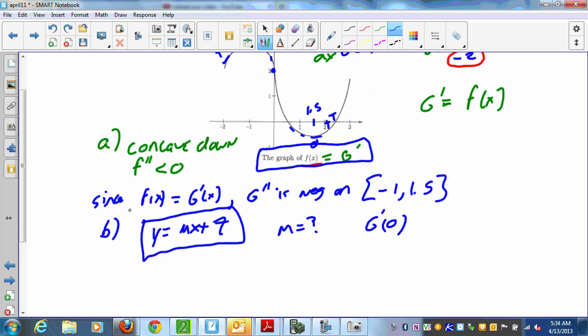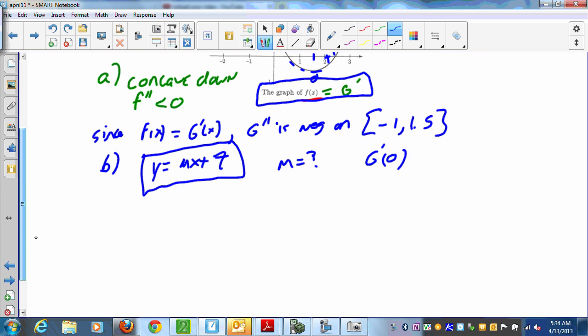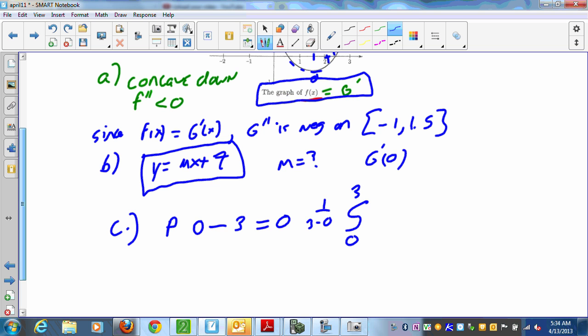Part C, let me just kind of write down what it's telling you. It says the average value of f from 0 to 3 is equal to 0, right? So what does that mean mathematically? The average value would be 0 on that. That's given to you in the problem in part C. Alright.